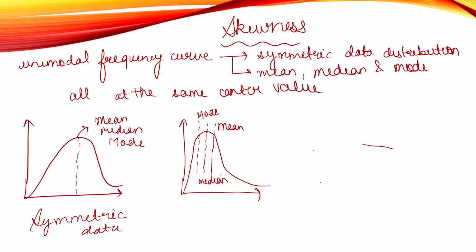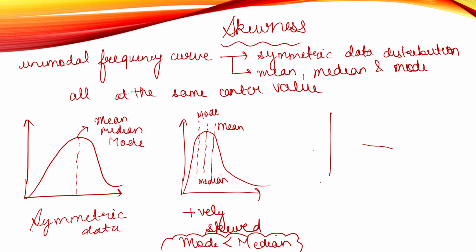So this means it is positively skewed. Now, positively skewed means where mode occurs at a value smaller than the median. Mode smaller than median. I am drawing it in a very easy way to remember in your exams because this question is really important.